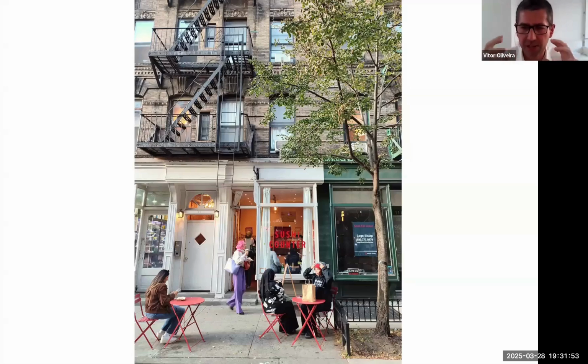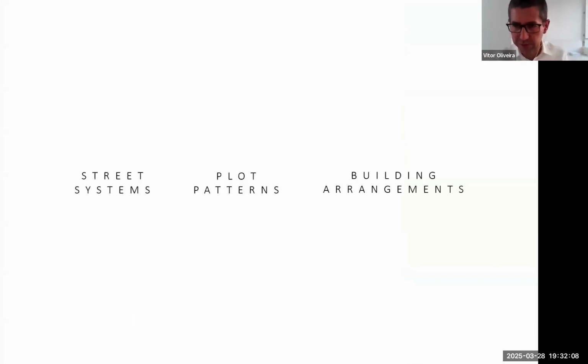It is this relation between the physical world and the social and economic dimensions, and also the environmental dimension, that I try to address in the book. To deal with the physical world, I use a concept that was proposed by M.R.G. Conzen in the mid-20th century, the ground plan or town plan, as you prefer.